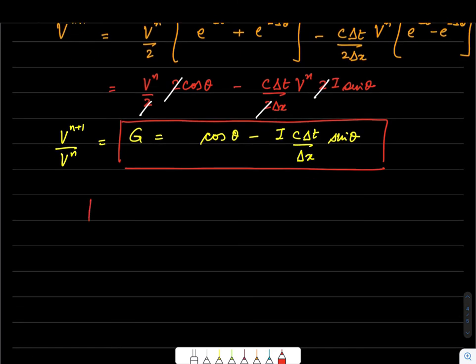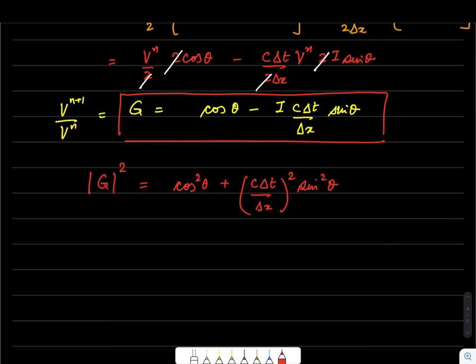Now let's look at modulus g, and it's as good as saying that I can also look for modulus g square. It's one and the same thing. So let's look at modulus g square, just because it makes it easier to make a point here. So modulus g square will be cosine square theta plus (c delta t by delta x) square sine square theta.